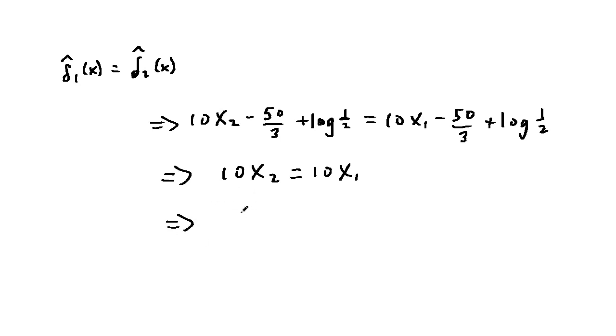Divide the 10 out, and we get x2 equals x1. So the line that decides between the two classes is given by x2 equals x1.